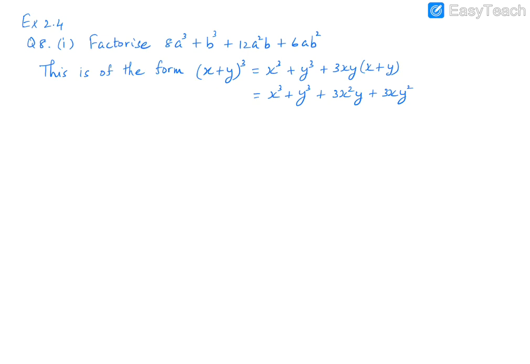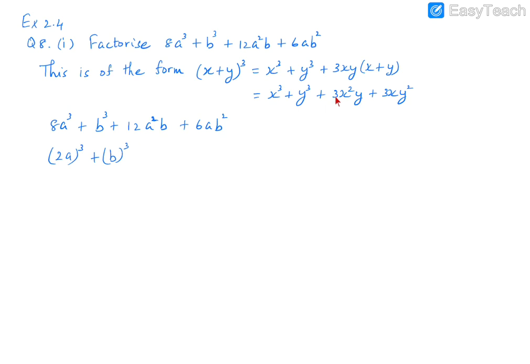So let us first write down our given expression, which is 8a cube plus b cube plus 12a square b plus 6ab squared. Okay, so how can we write 8a cube as some form of x cube? Clearly it is 2a power 3. So 2a power 3 will give us 8a cube, and b cube is simply b cube, so b remains b.